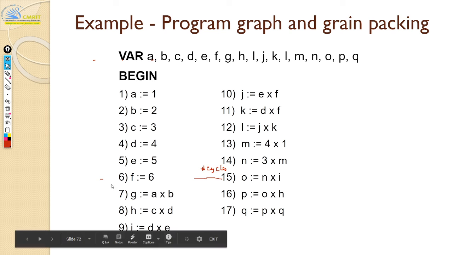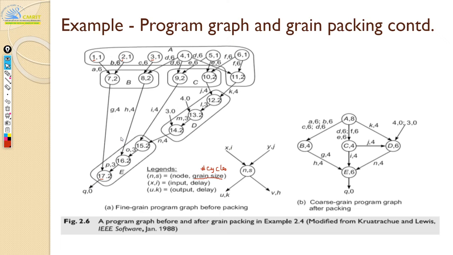So there is a dependency of 7 on 1 and 2. Basically it's a dependency graph only. This program graph, you will plot it for the entire set of code that you have, so you get this thing.